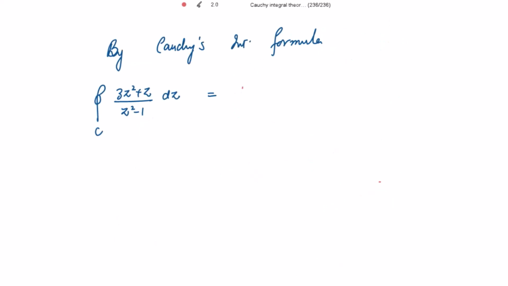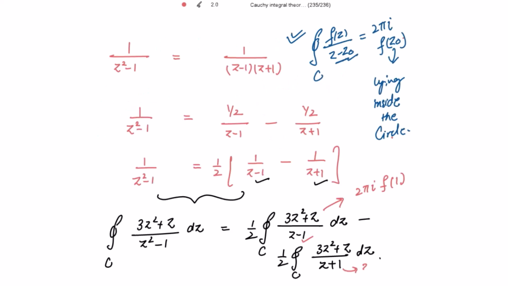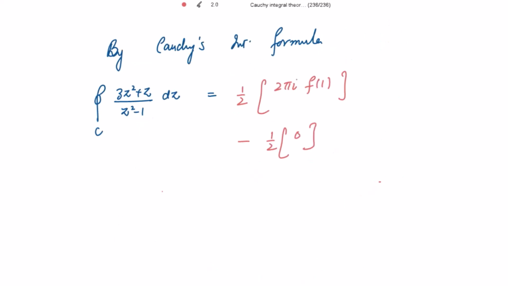So writing 1/2 of 2πi f(1) minus 1/2 of, because the point z₀ = -1 lies outside the circle, by Cauchy's integral formula this integral is 0. So this is 0 and, cancelling this 2 with this, this is πi f(1) and this is 0.